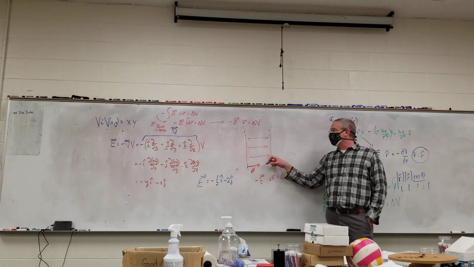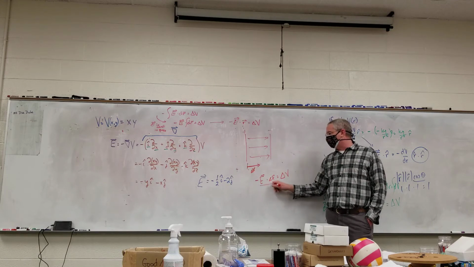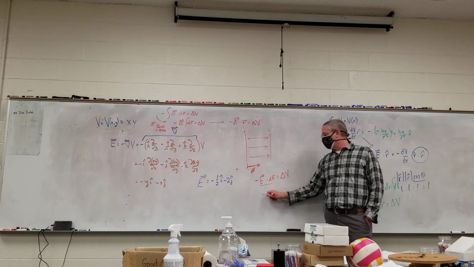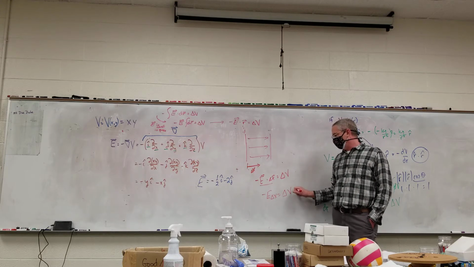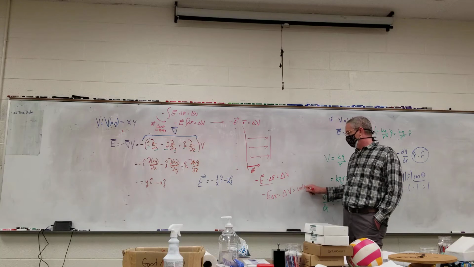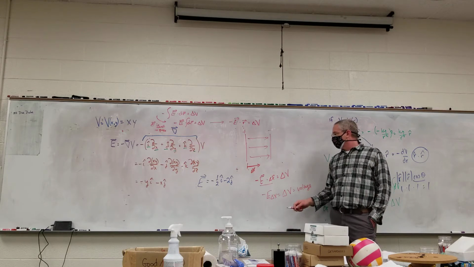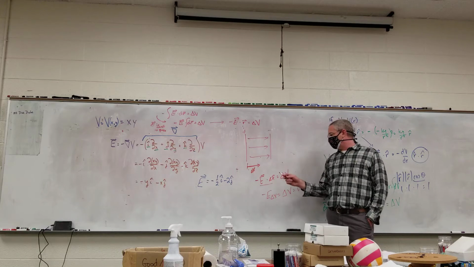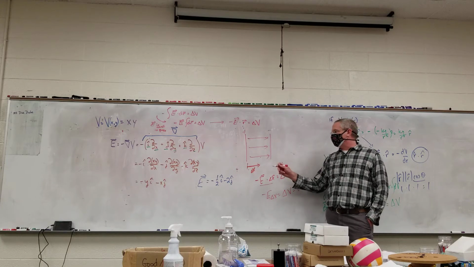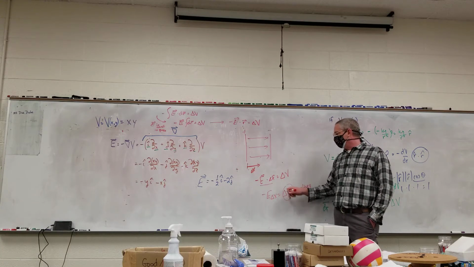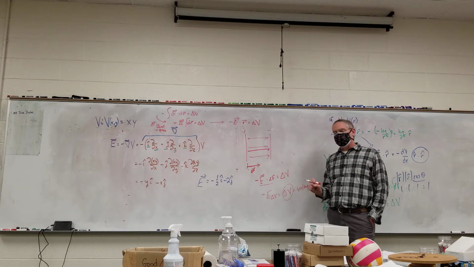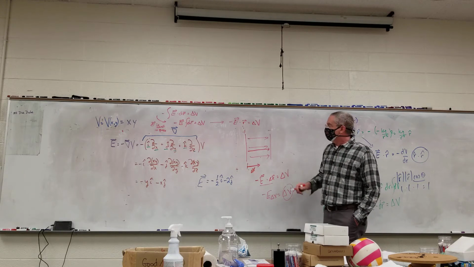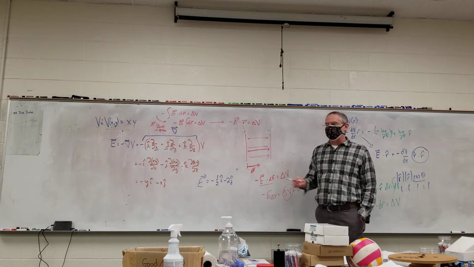So if I'm going in the direction of the electric field, my dot product here, those are in the same direction. So this becomes negative E delta X is equal to my change in potential, otherwise known as voltage. So if I know this distance, I know what my change in potential is, and notice also that if I'm going from left to right, my change in potential is negative, which implies that the positive plate is at a higher potential than the negative plate.